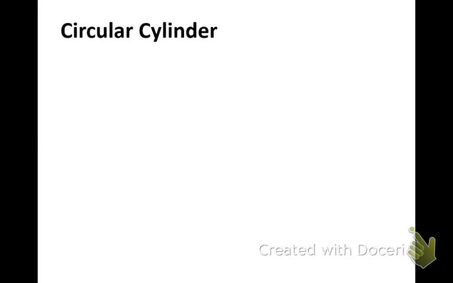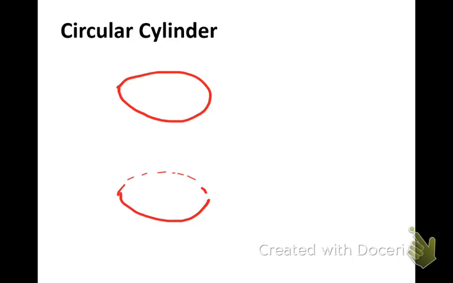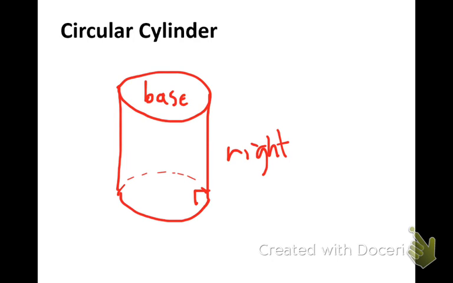Circular cylinder. A circular cylinder has circles as the base and the sides are circular. So we've got the base. Okay, the side makes a right angle with the base, so this would be a right circular cylinder.